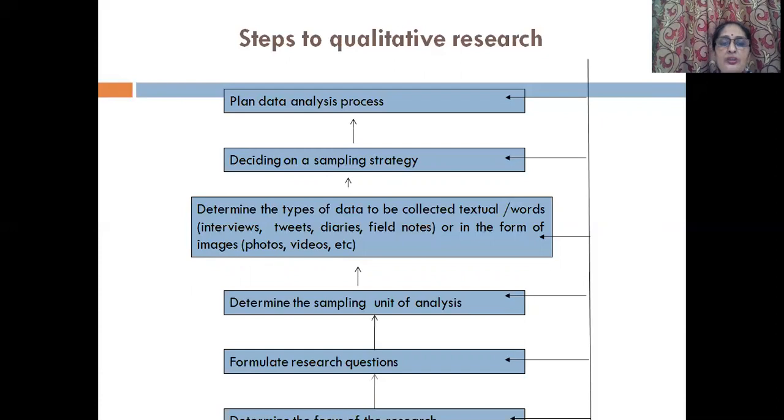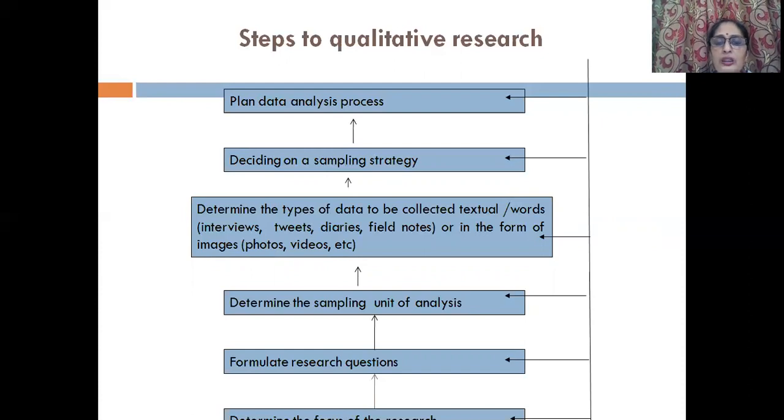Next is to determine in which form we want to capture the data. Is it in words? It could be blogs, tweets, interviews, field notes, or in the form of images, videos, photos. Once this is determined, we must now decide the sampling strategy.